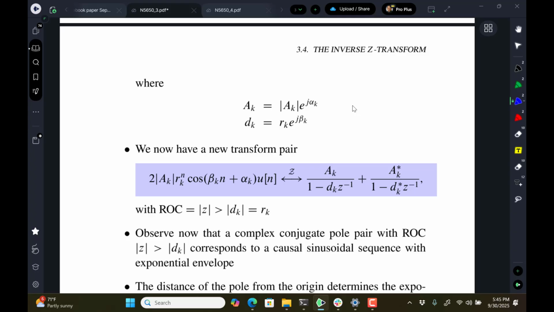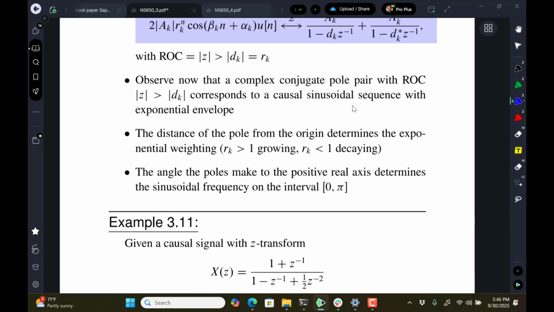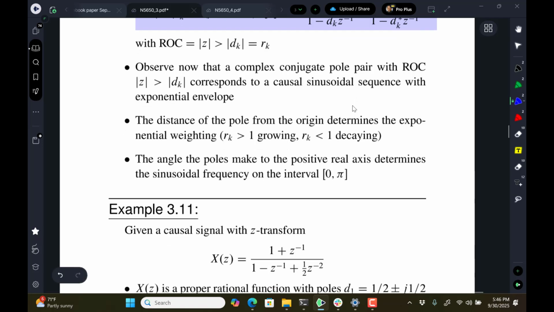So if a pole radius is approaching 1, it's obviously never going to decay, and that would make it unstable, right? But if r_k is less than 1, then it will decay to 0. So those types of terms show up in the discrete time system. So that's what these bullets are talking about in here.